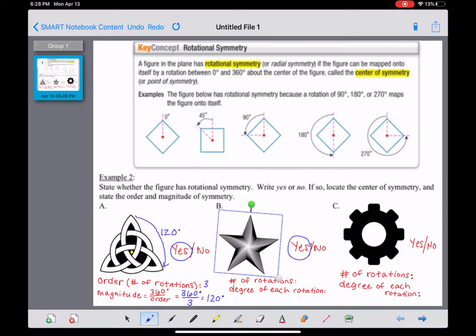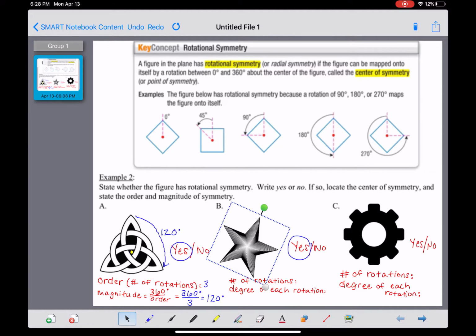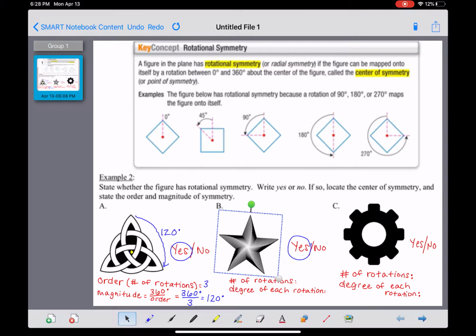Now I need to count the number of rotations that it takes to return the green dot, the number of times that the star looks like its original star before the green dot gets back to the top. 1 rotation, 2 rotations, 3 rotations, 4 rotations, 5 rotations.